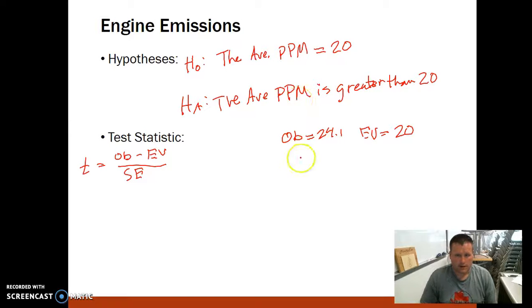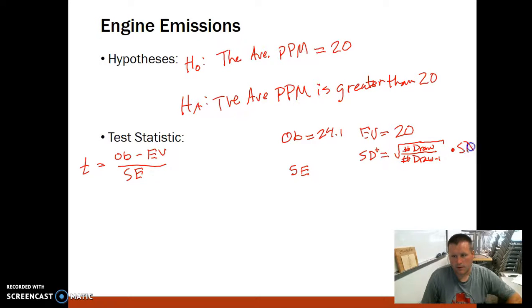And then we've got to find our standard error. In order to find the standard error, we've got to be able to have our standard deviation. And because this is small, we have to have our standard deviation plus. So a little bit more here. If you remember that formula, that was just the number of draws over the number of draws minus 1, and then we're going to times that by the standard deviation.